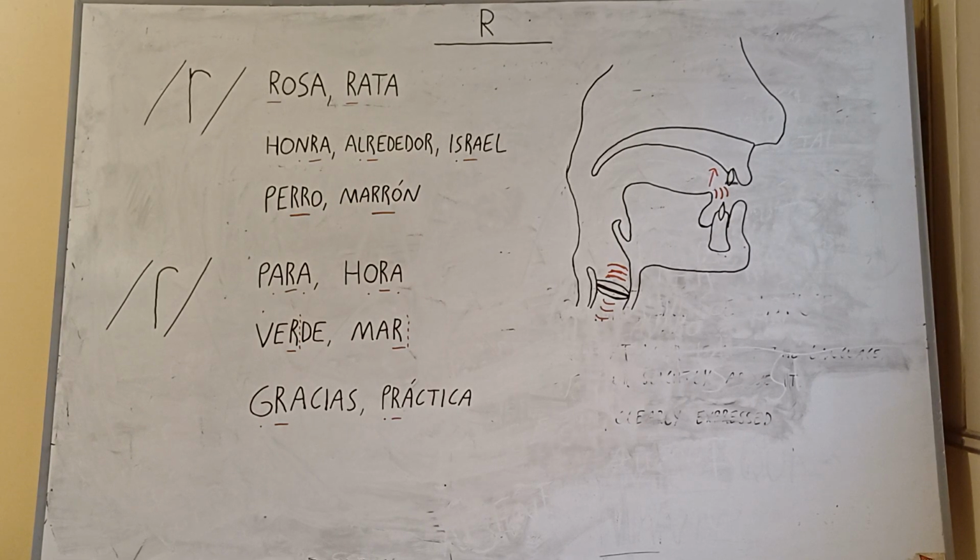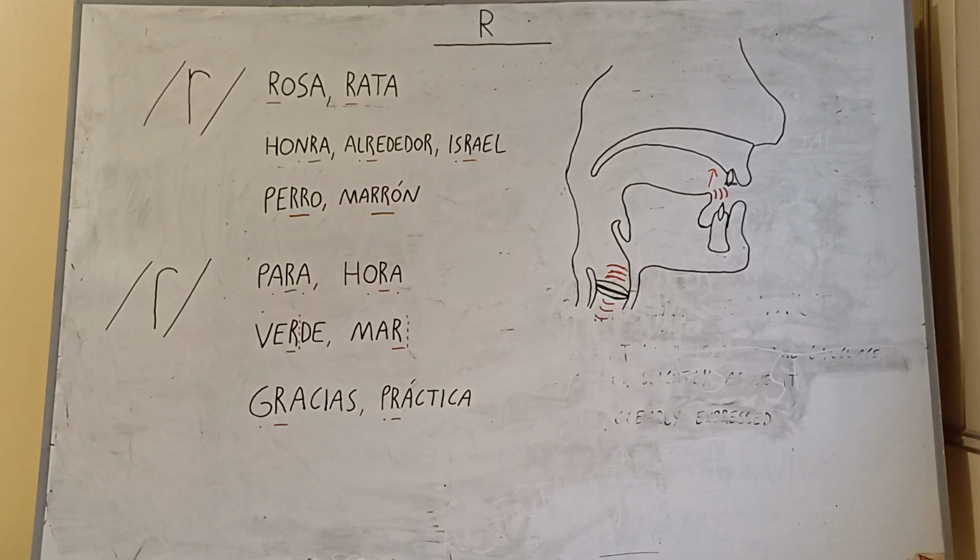Now, let's see the tapped r sound. For this sound, the manner and the place of articulation will be the same. So all the steps that you have practiced will be the same. But in this case, the tip of the tongue does not vibrate.